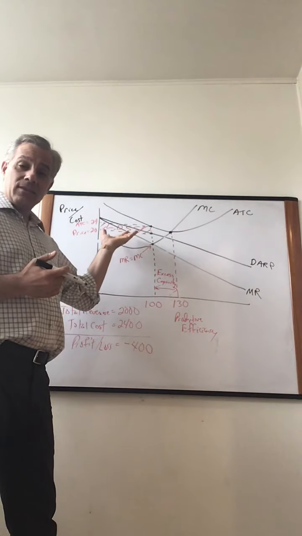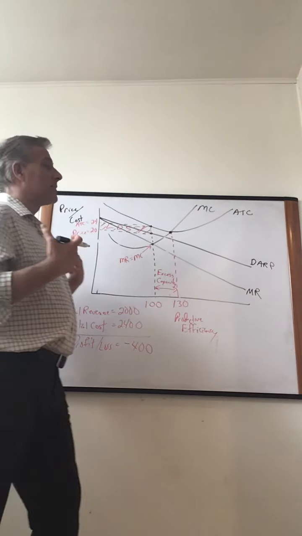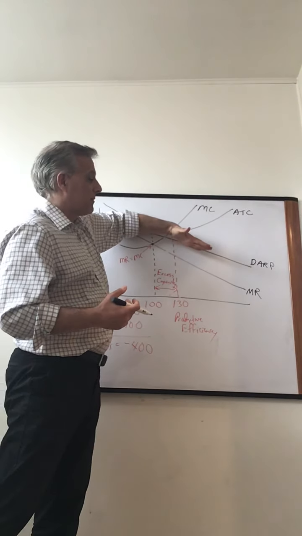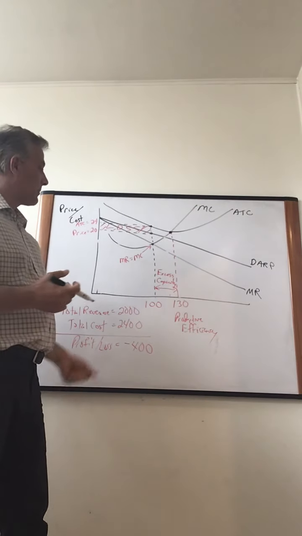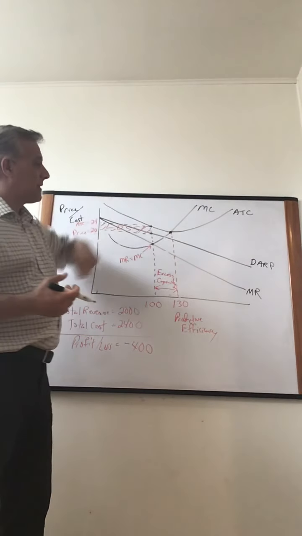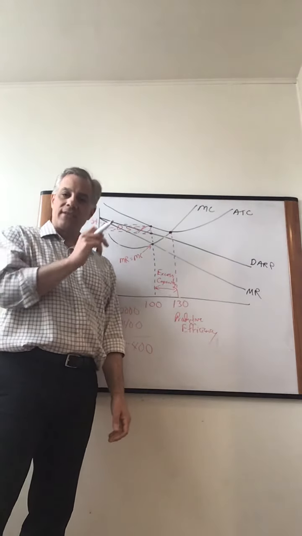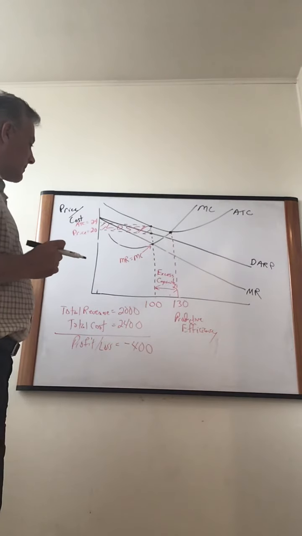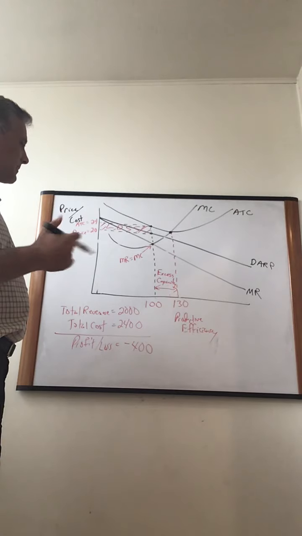There's loss being experienced by this firm, which if it's a typical firm means firms are going to leave the industry, which means the demand curve, price, is going to go up as the supply of burritos decreases, which is going to bring our demand curve up until it kisses the average total cost curve, and then you'd have that little tangent, which I'm too lazy to draw right now. So that would be what would happen in the long run.